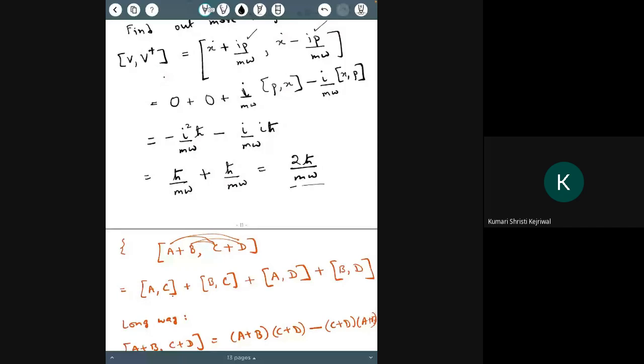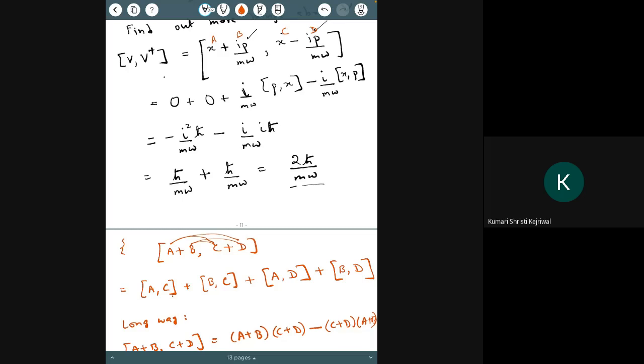So it's the same thing. Here, this is A, this is B, this is C, and this is D. So the first commutator is AC, which is commutator XX, which is 0, because they are the same. Then commutator BC is this one.